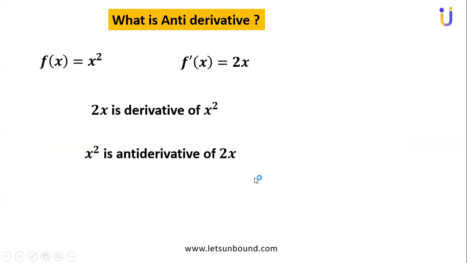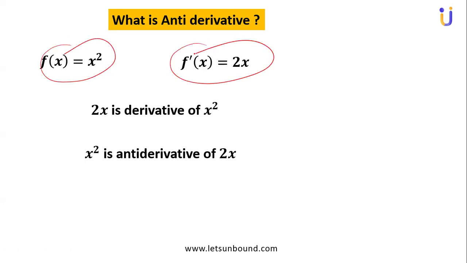Okay, what is antiderivative? If f of x is x square, f dash of x is 2x. So what I will say, 2x is derivative of x square. Now you just switch it. X square is antiderivative of 2x. Got it? So they are like inverses, right?